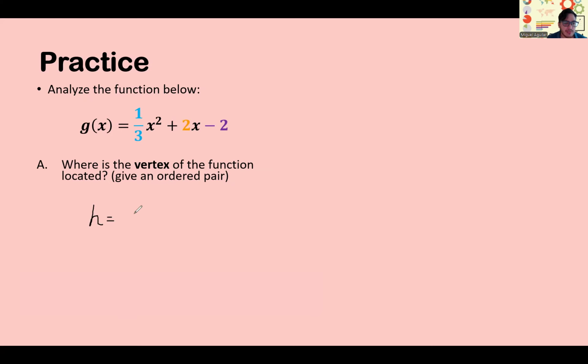H is equal to negative B over 2A. And as soon as you get your answer for H, you can put it in the chat if you'd like. Or if you want to hold off until you have the full vertex, I'd be cool with that as well.